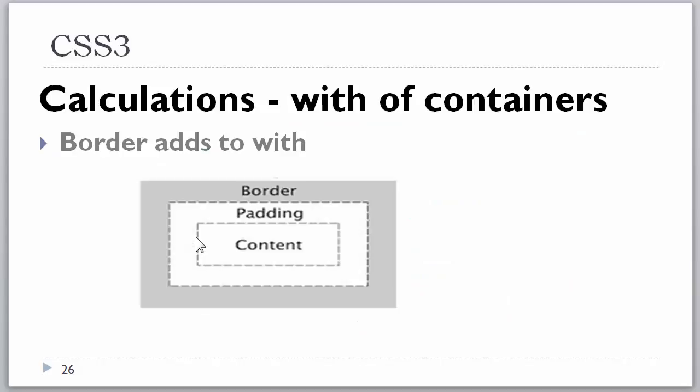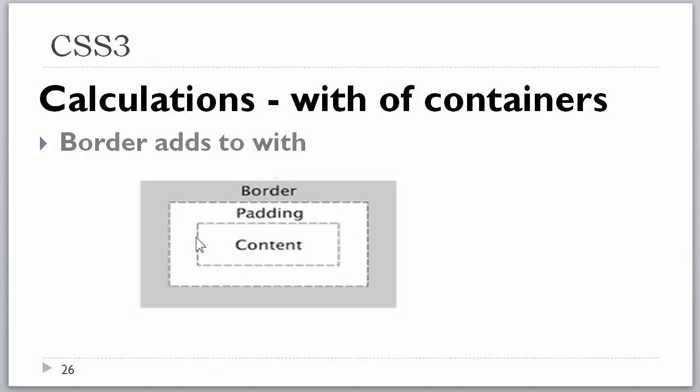If you remember from our HTML class, when you're working with containers, the container has content, and you can put padding inside that container, and you can also put a border around that container. So if the container was, say, 400 pixels, and you added 10 pixels of padding to each side, we're now looking at a 420 width container.